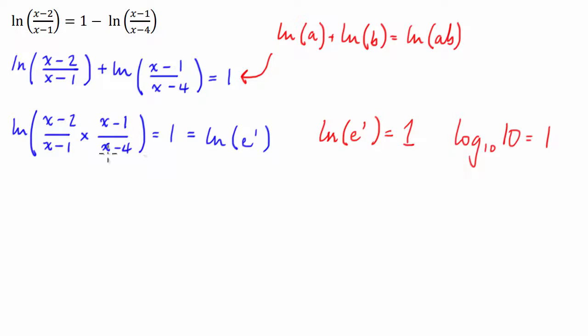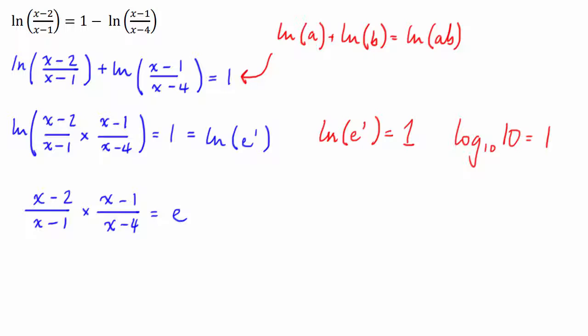So now we've got ln of this set of fractions is equal to ln of e. I can then just equate the fractions and the exponential. So x take 2 on x take 1 times x take 1 on x take 4 is equal to e.